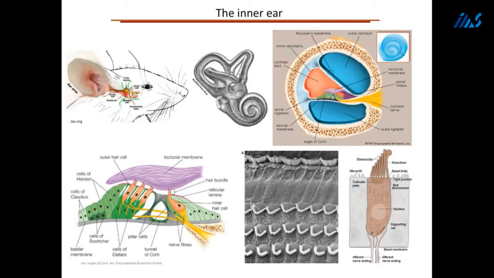And you can see a scanning EM down here showing the 3 rows of outer hair cells and this single row of inner hair cells. Okay. There are also multiple supporting cells within this structure also, which I'm not going to really talk about.